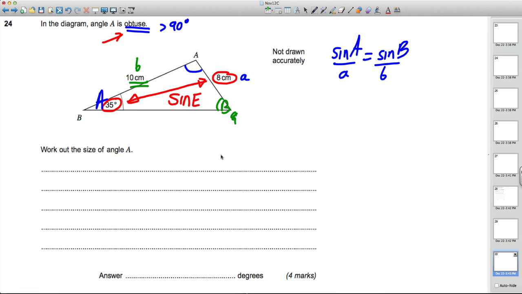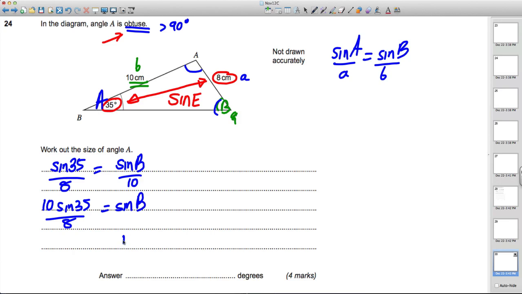Forget about the diagrams there. So let's say, therefore, that sine of 35 over 8 must be sine of b over 10. So working this one out, times both sides by 10. 10 sine 35 over 8 is equal to sine b. Therefore, b, take the inverse sine of this number, 10 sine 35 over 8.